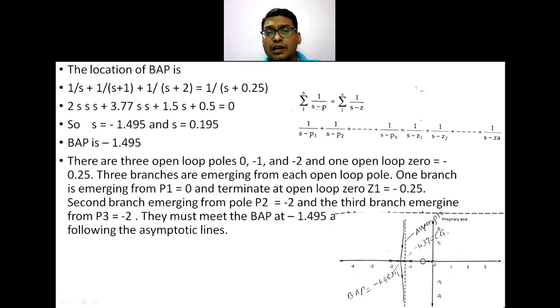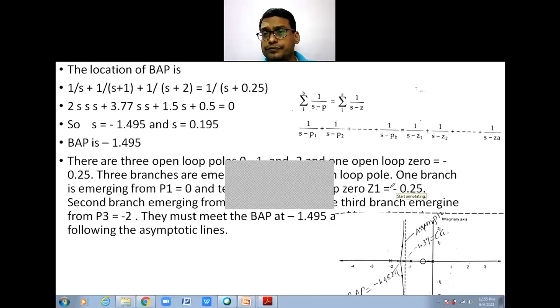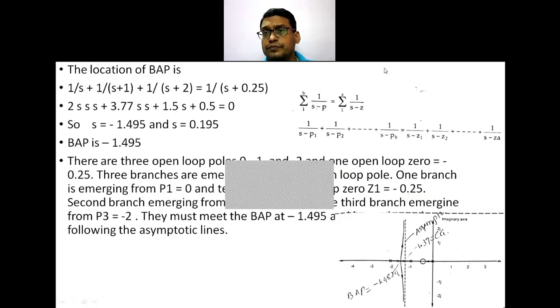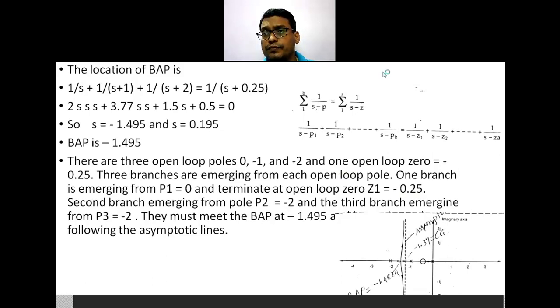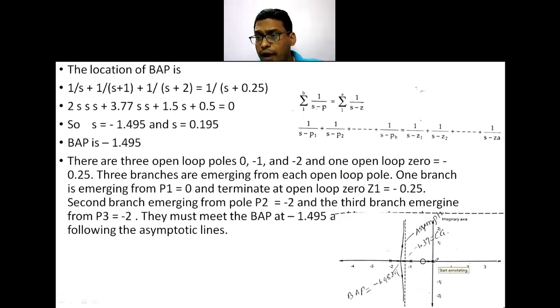There are 3 poles, at 0, minus 1 and minus 2, and one zero, which is at minus 0.25.